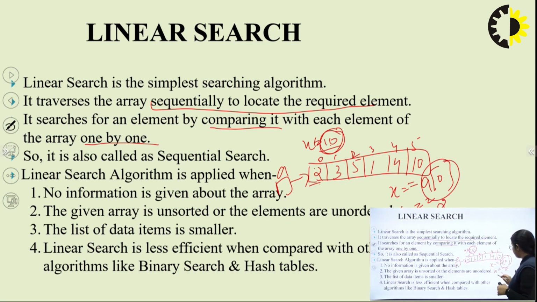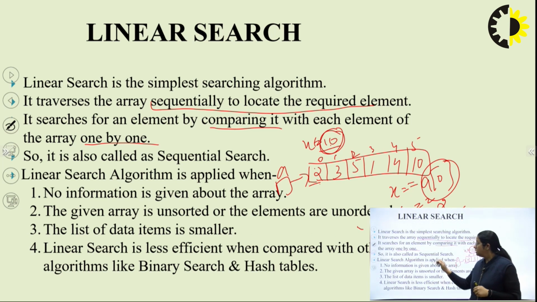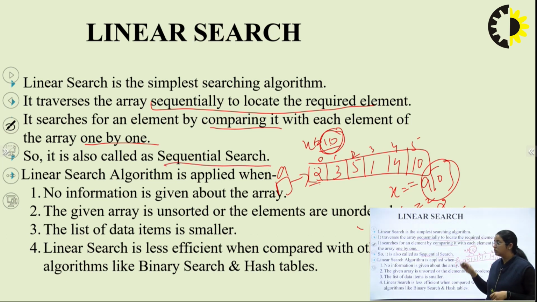No. Again we compare x with 3. Is this equal to 3? No. So we are comparing it with each element one by one. Now we will discuss it in a more elaborate way in the next slide. This is also known as sequential search.